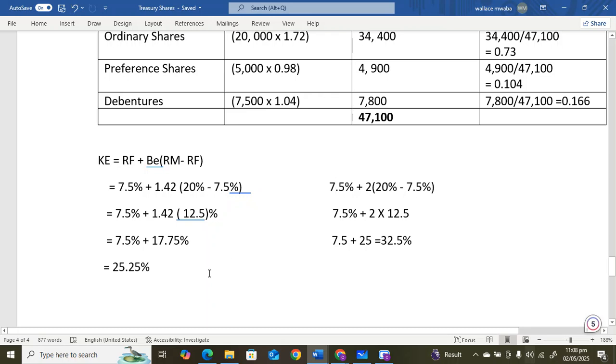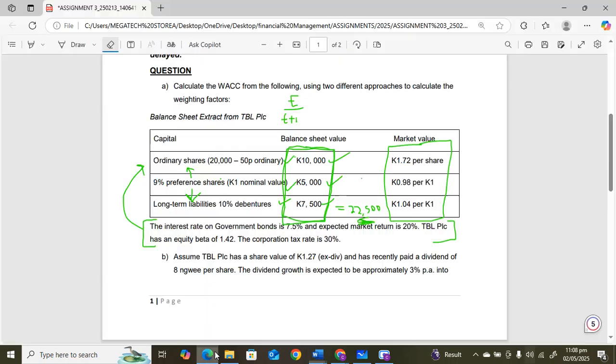For preference shares, here in this first part of the question, they haven't given us a maturity date for the preference shares and the debentures, meaning both of them are irredeemable. Meaning once you purchase any of them, you will just be receiving your payments as long as the company stays alive, either your dividends or your interest payments.